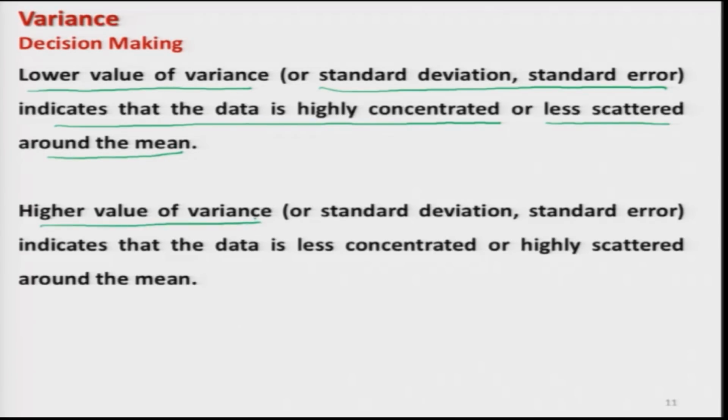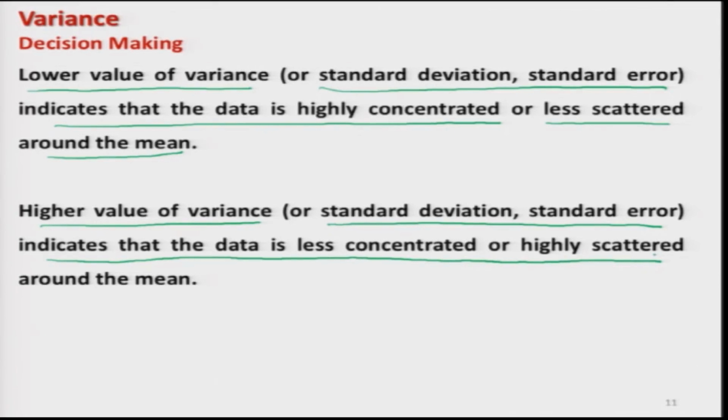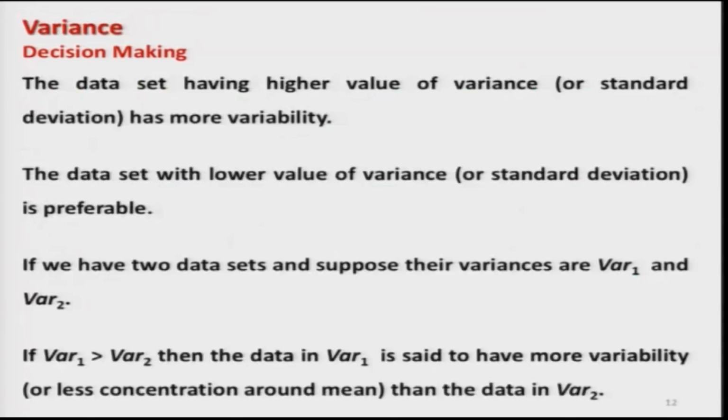Whereas a higher value of variance, or equivalently of standard deviation or standard error, indicates that the data is less concentrated or highly scattered around the mean. On the other hand, if a data set has a higher value of variance or standard deviation, then I can say simply that the data set has more variability.